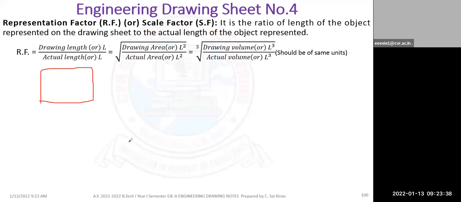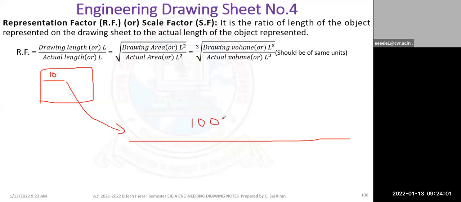Your object is larger than the drawing sheet, but in the numerator we take the line we are drawing on the drawing sheet. This line is equal to this line. Suppose this line is 10 centimeters, and this is, for example, 1000 centimeters.